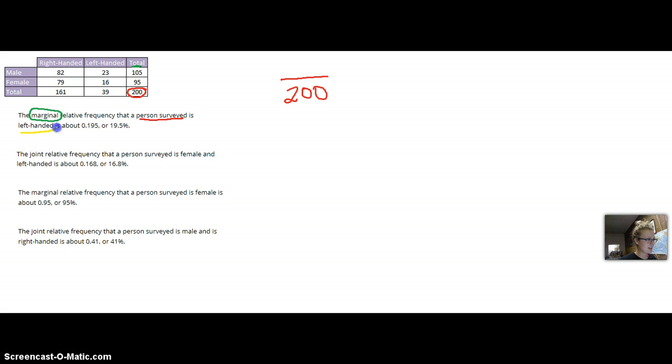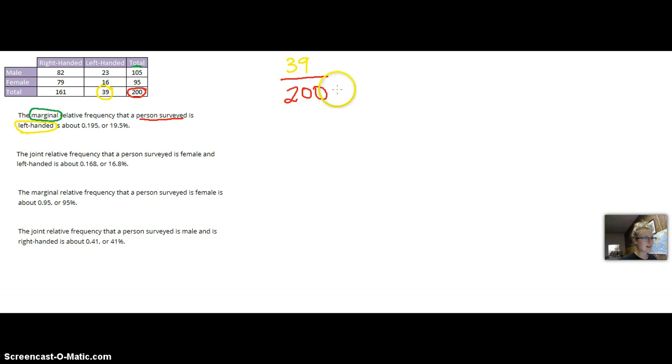Now we want to look at this left-handed. And we need to see all of them, because we're marginal, we're talking about the total. So not just the males or not just the females. All of them who are left-handed are going to be this 39.